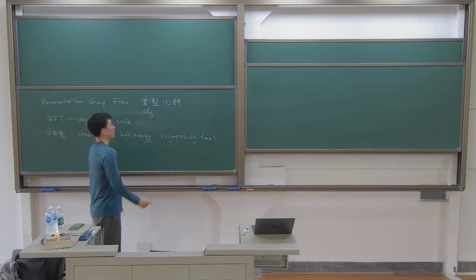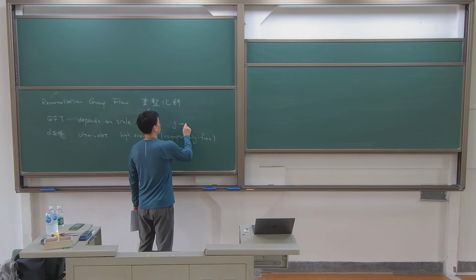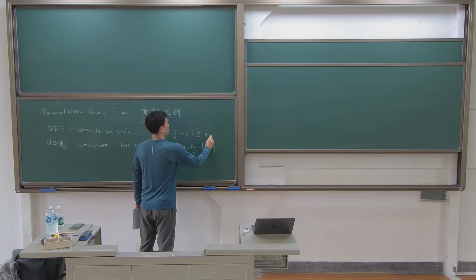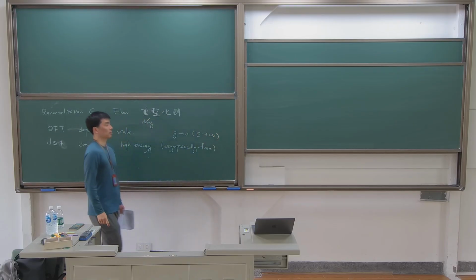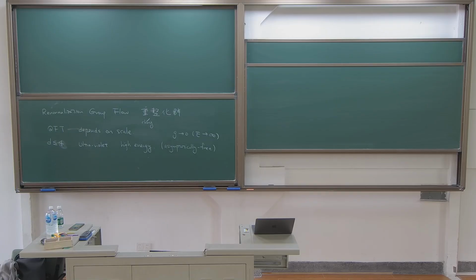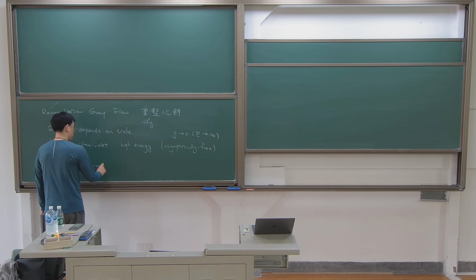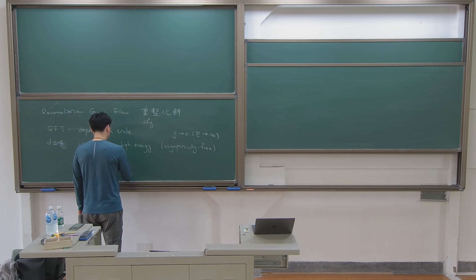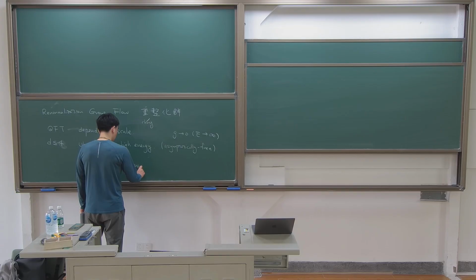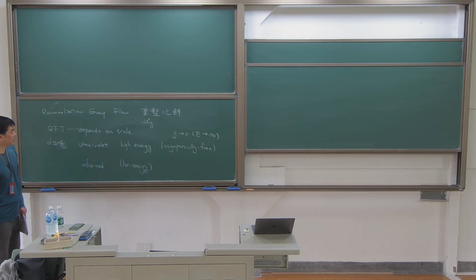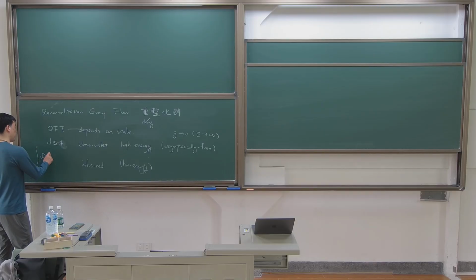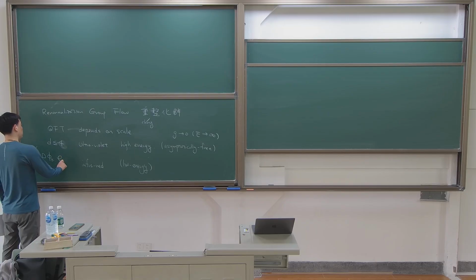Asymptotically free means that the coupling constant goes to 0 when energy goes to infinity, when energy becomes very big. But in the infrared, which is low energy, you have the path integral, as I mentioned, with the measure and e to the minus action.